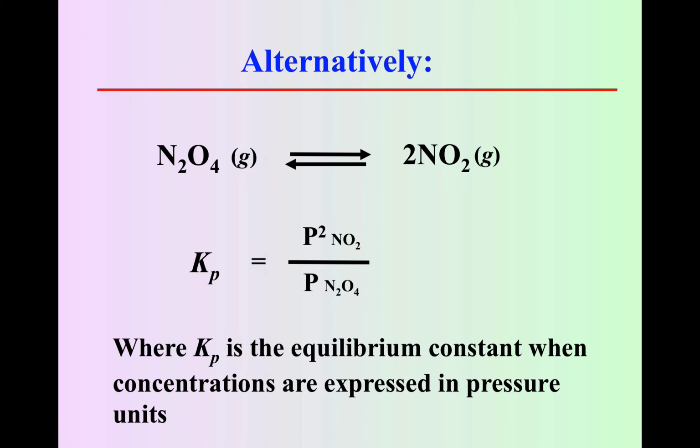If we're talking about pressures, we can put pressures in the numerator and denominator, and we get a Kp expression. So they'd be different values because we're using a different unit, but they'd represent the same thing: how far forward the reaction goes when the reaction stops.